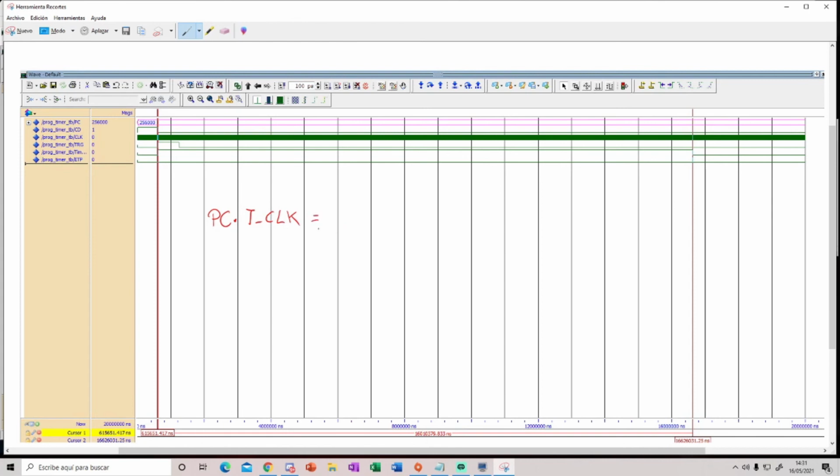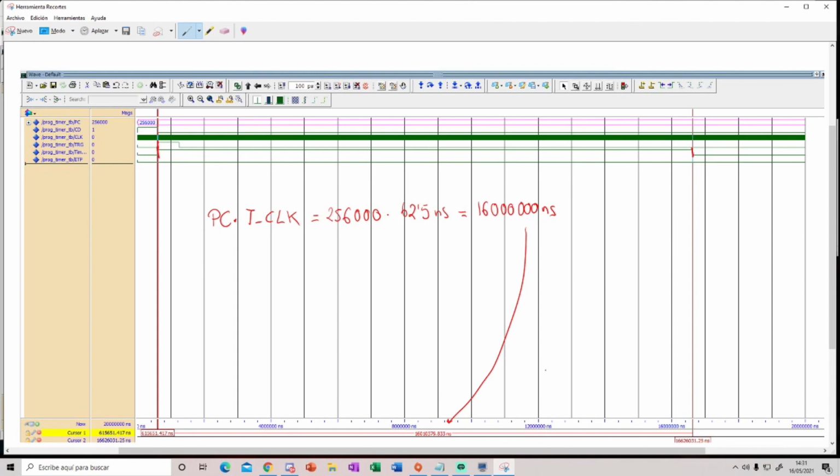So if we make this product, this one times 62.5 nanoseconds, it will be 16 million nanoseconds. And as you can see, it is what it says, because we measure from here to here.